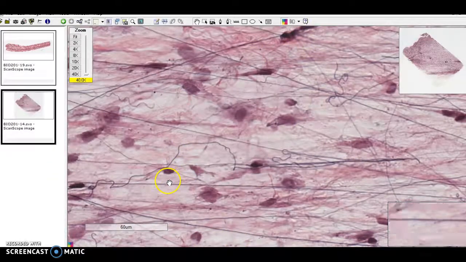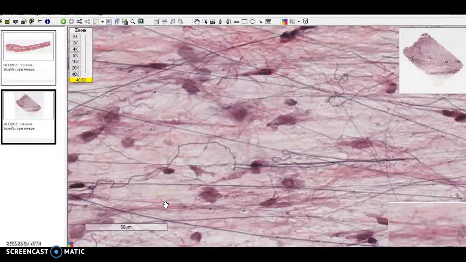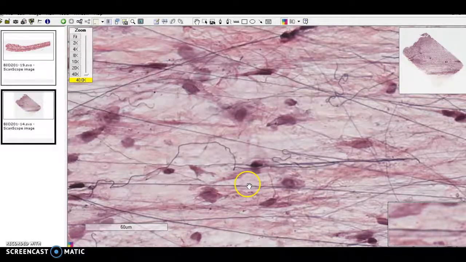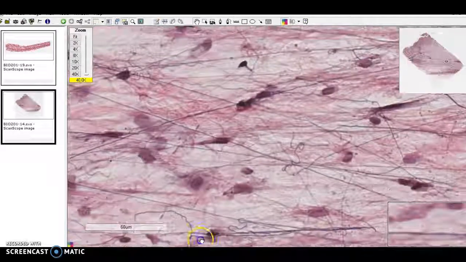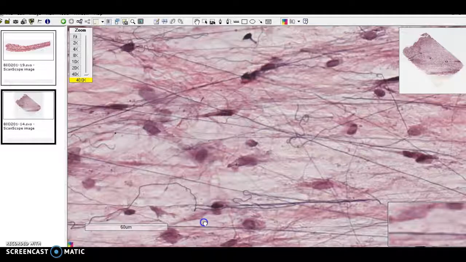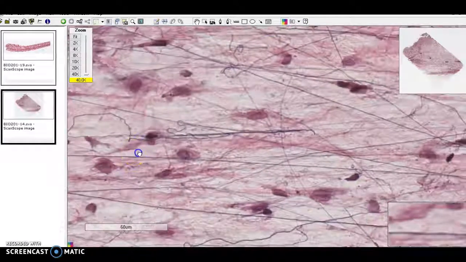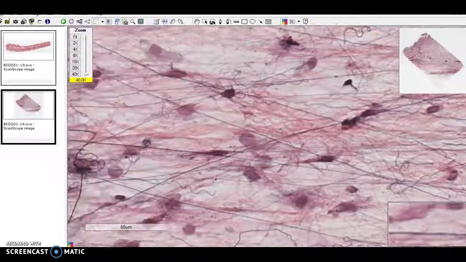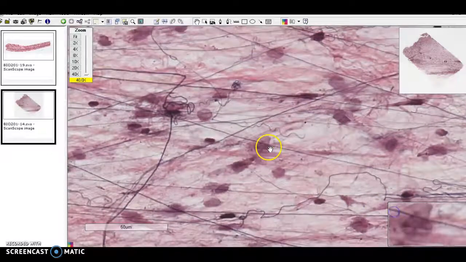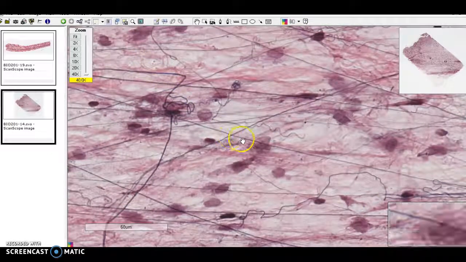Wandering through here, there might be macrophages or plasma cells or mast cells and other leukocytes, other white blood cells. And occasionally you'll see an adipocyte, or an adipocyte with a little bit of fat in it, maybe up in here.